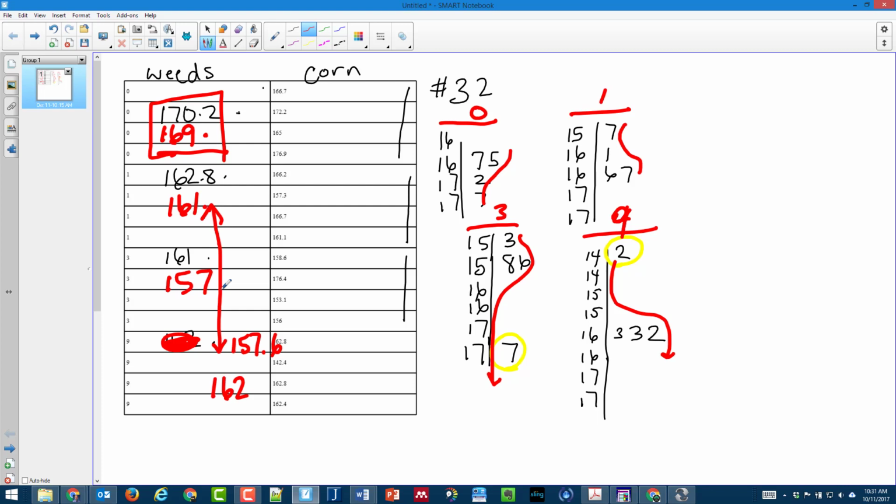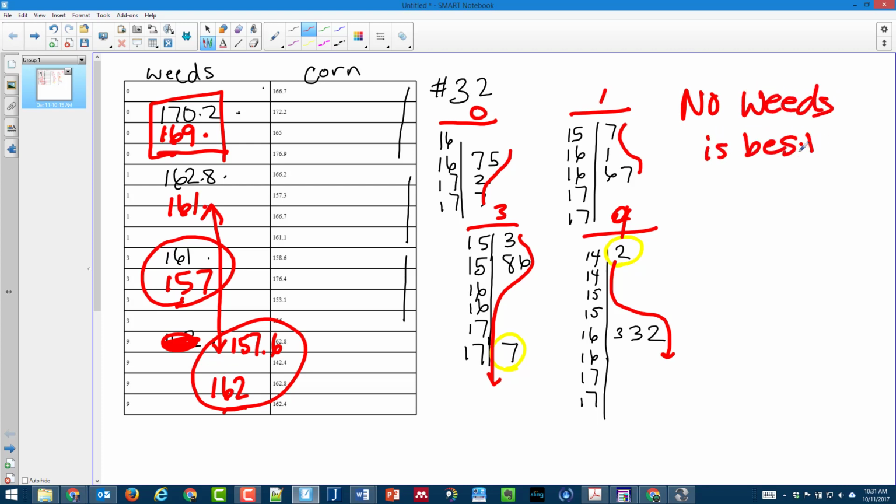So the conclusion in this case, in my conclusion, I don't think it really affects it. It does just emphasize the fact that there's a huge difference between the average and the median in some of these cases, especially the two where I thought they were the outliers. So 161 to 157, 162 to 157.6. But otherwise, I would say no weeds is definitely the best.